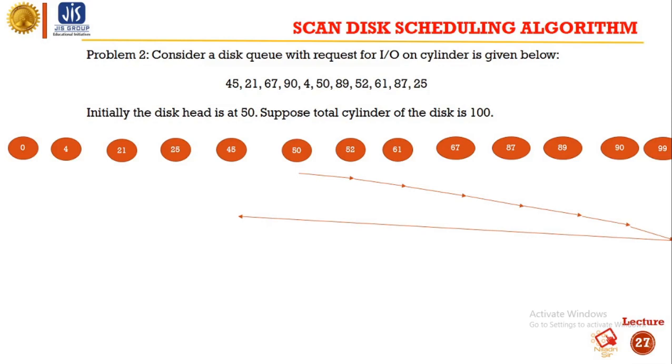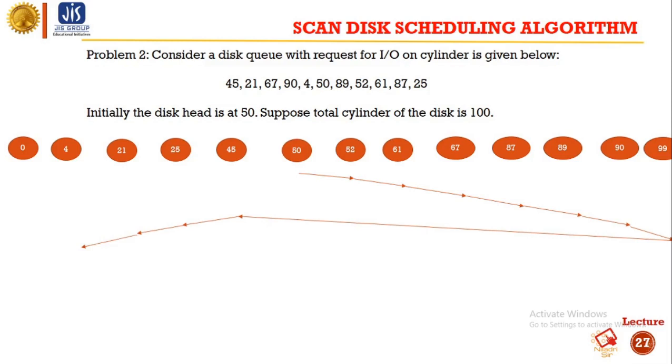From 45 we will move to 25, from 25 to 21, from 21 to 4, and from 4 we will move to 0.